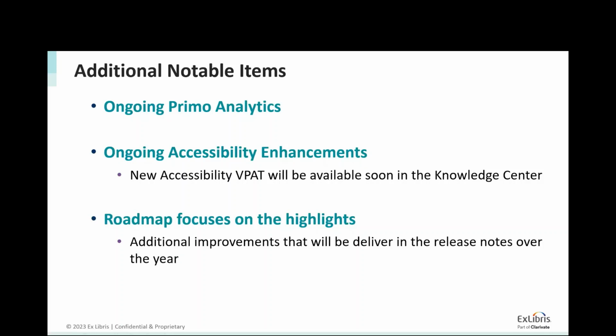In accessibility, coming soon we will publish a new VPAT, as we conducted a new audit early this year, and we will release the roadmap of the accessibility for 2023 and also an update document based on the November 22 release. As I mentioned, there are additional items that will come, and not only these highlights.